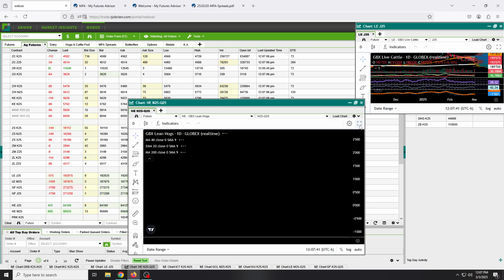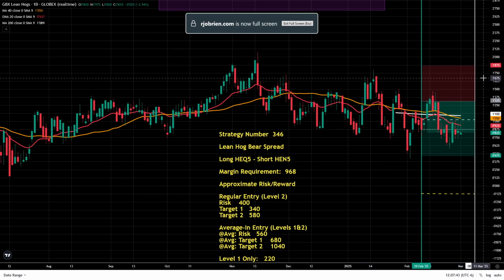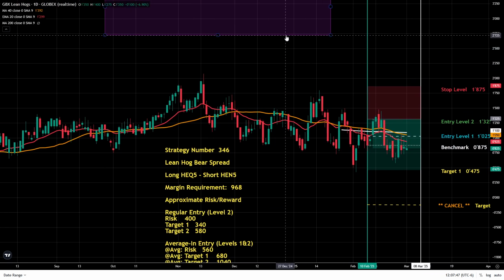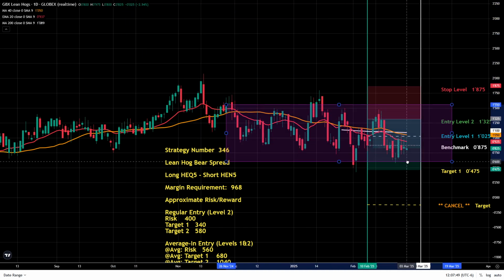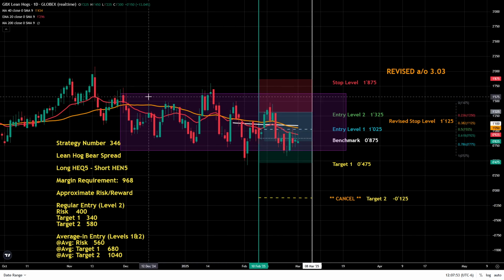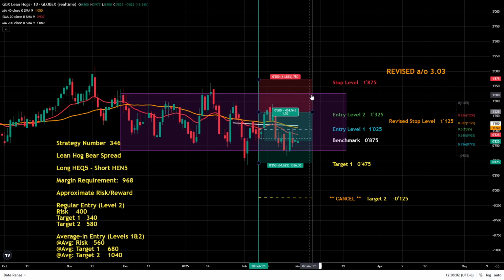First of all, the bear spread in lean hogs, number 346. Essentially, this market, in my opinion, is in about this range, right? Give or take. And top end being around the 160s, low end being somewhere around the 70s, 75 area. It had a probe to the upside, which allowed us to get on board, and then it rotated back to the downside.